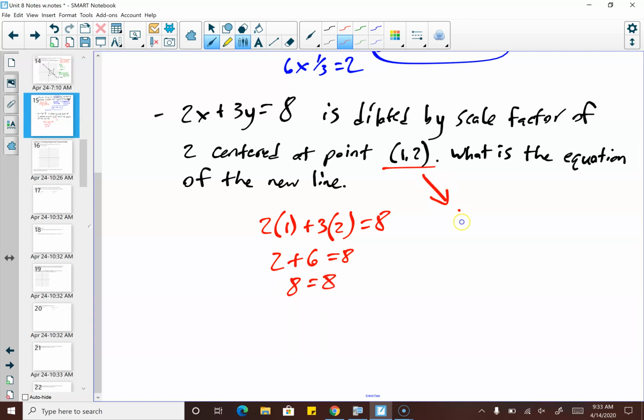So what that means is this point is on the line. All right, and when you dilate a line centered at a point on the line, your equation stays the same.